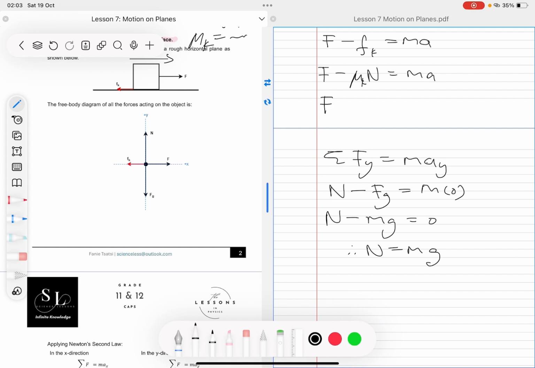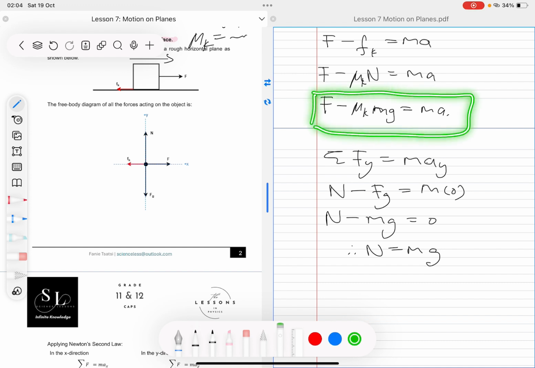So this means here we can say F, the applied force, minus coefficient of friction times mass times g equals mass times acceleration, because the normal force is the same as mass times g. And from here, I'm not going to simplify any further, because from here, if you're looking for this force, you can make it the subject of the formula. If you're looking for this, you can make it the subject of the formula. If you're looking for the mass, you can do the same.